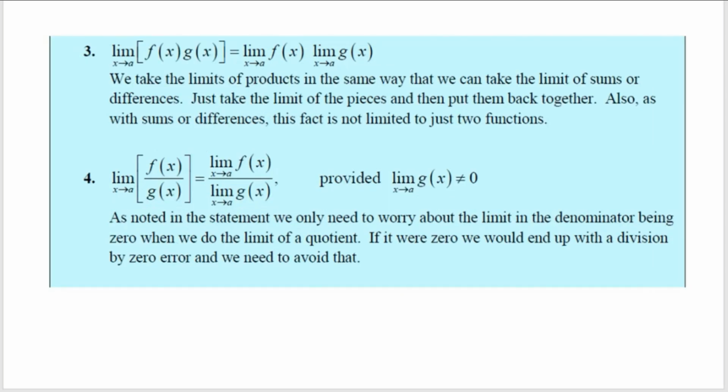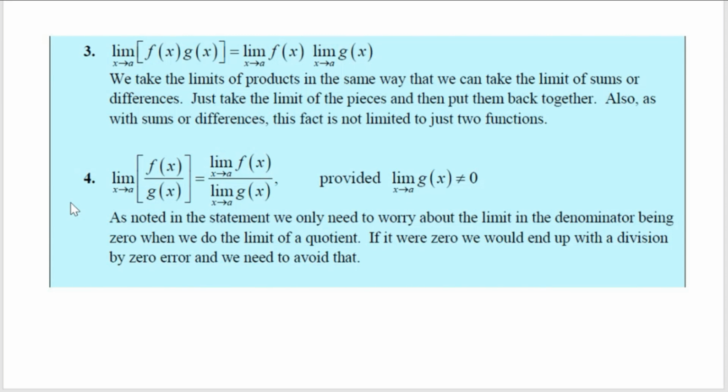Now, for property number 3, the limit of f of x times g of x as x approaches a can be written as the limit of f of x as x approaches a times the limit of g of x as x approaches a. So that is now multiplication.